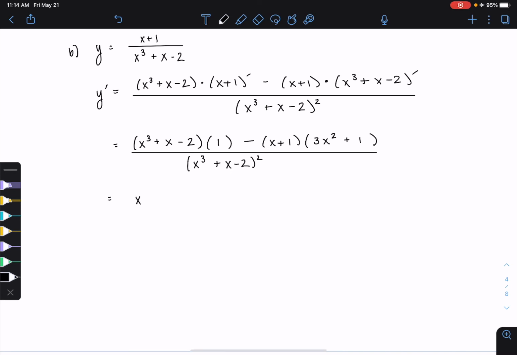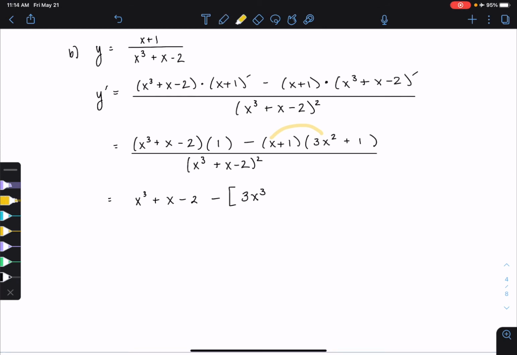So multiplied by 1 does nothing. I want to distribute that minus sign, but I do have to FOIL these out first. So if I go through and look at my first pieces, that will give us 3x to the third. The outside is x.